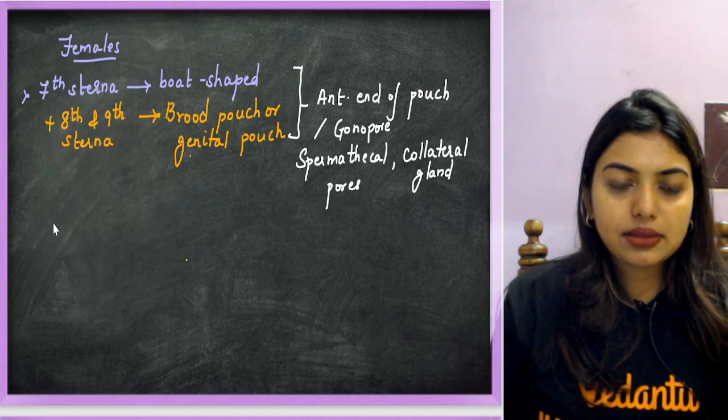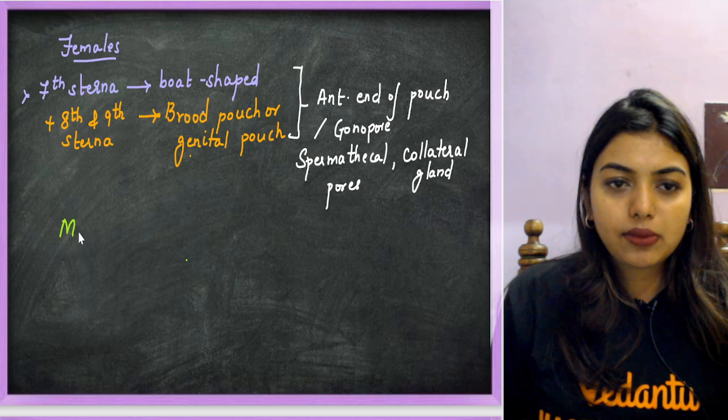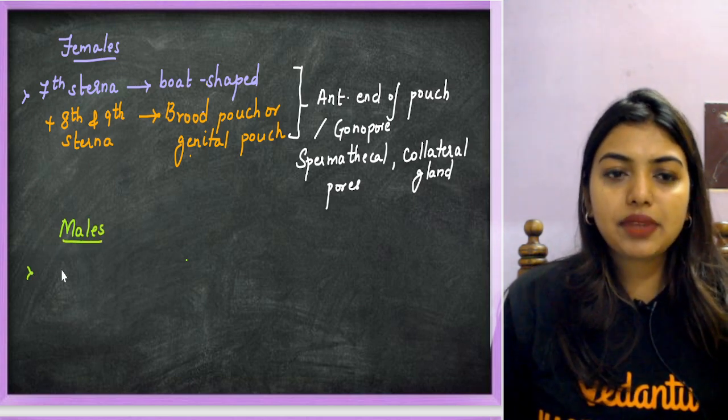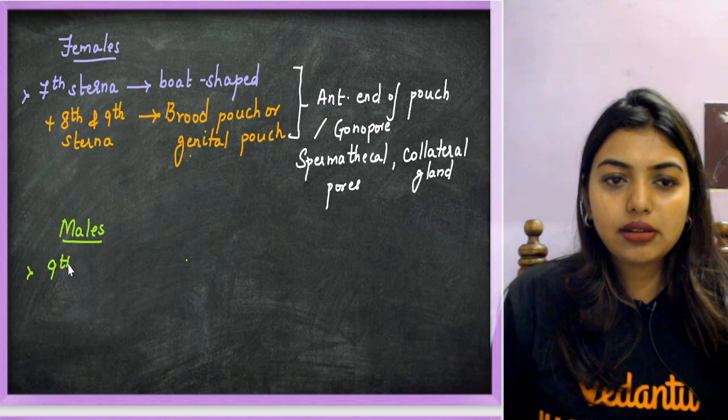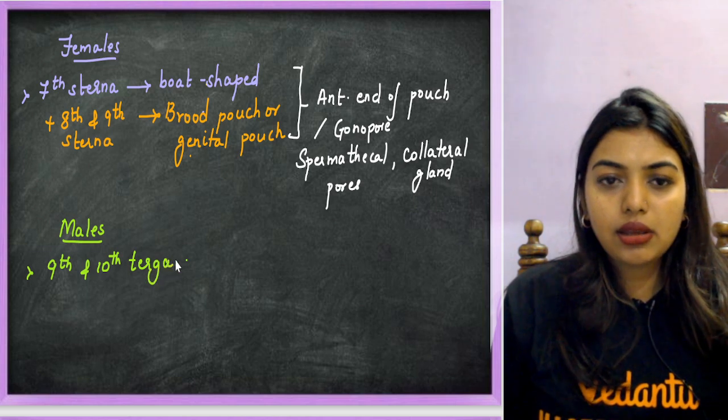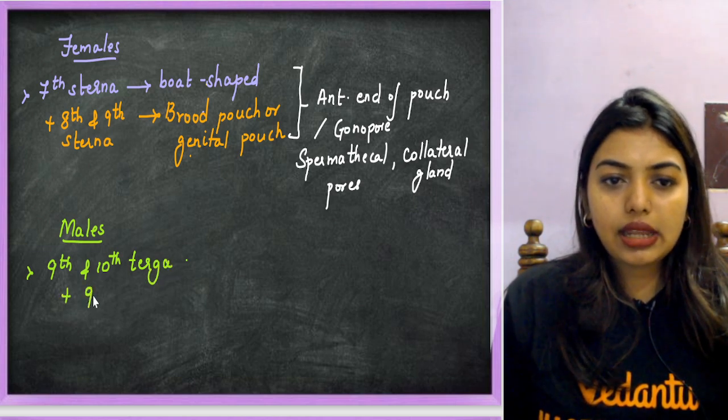Now students, males. In males, what do we see? The 9th and the 10th terga plus the 9th sterna will together form the genital pouch.